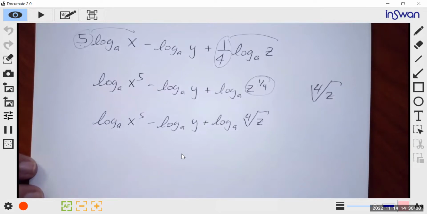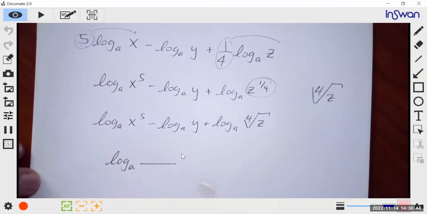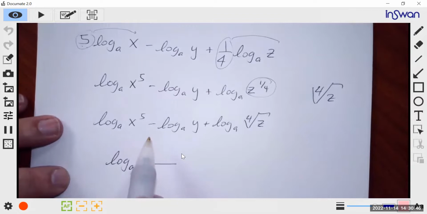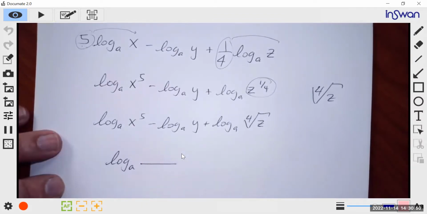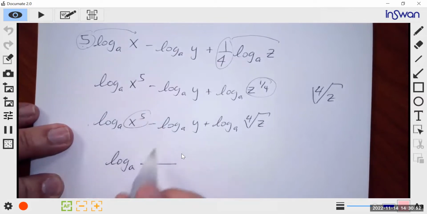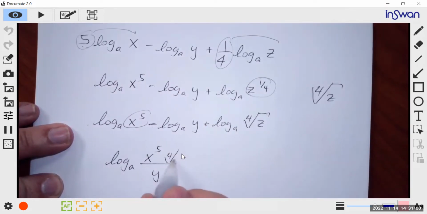They're all log base a, right? If the coefficient is positive, it goes on top. If it's negative, it goes on the bottom. So this one goes on top. This one's minus, so this one goes on the bottom. Positive, so it goes on top.